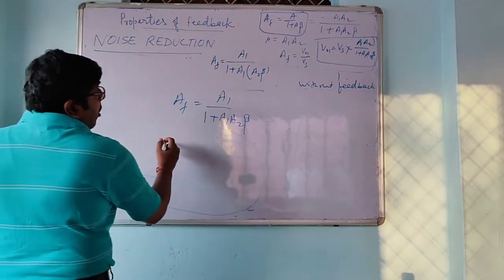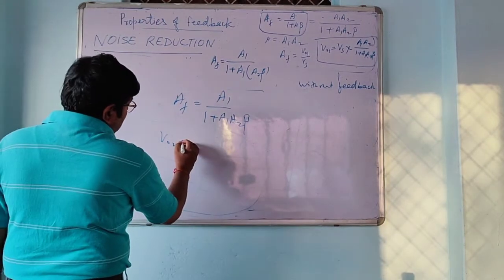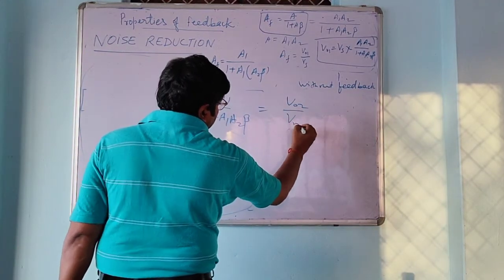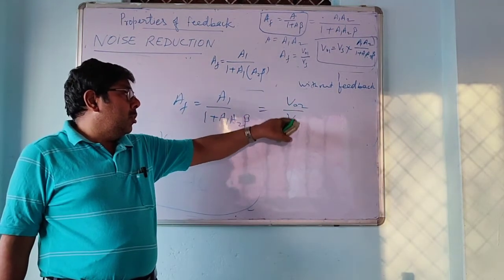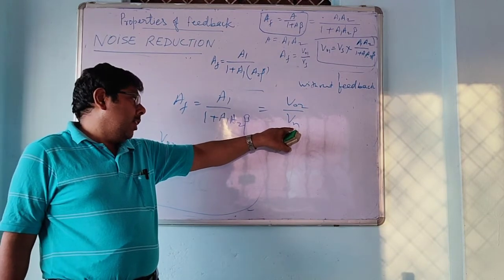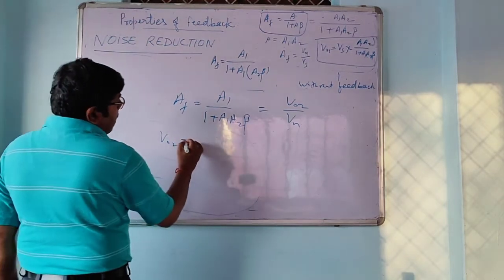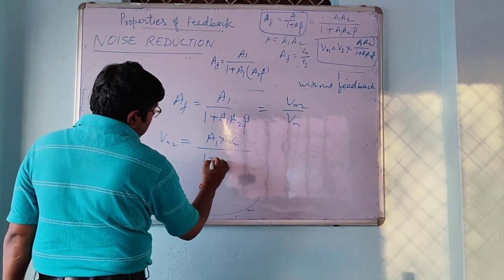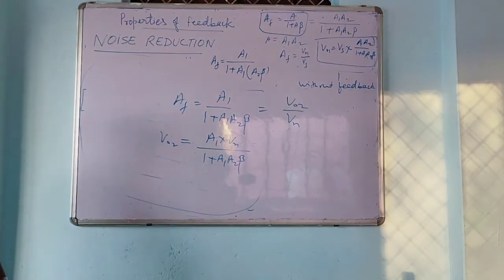Now what is the expression for output? Suppose the output is V02. So the output is V02 upon Vn, output upon input. Suppose V02 is the output due to the noise present at the input of the basic amplifier. Then what is the value of this? This is simply given by A1 into Vn upon 1 plus A1 A2 into beta. So this is the expression for output.